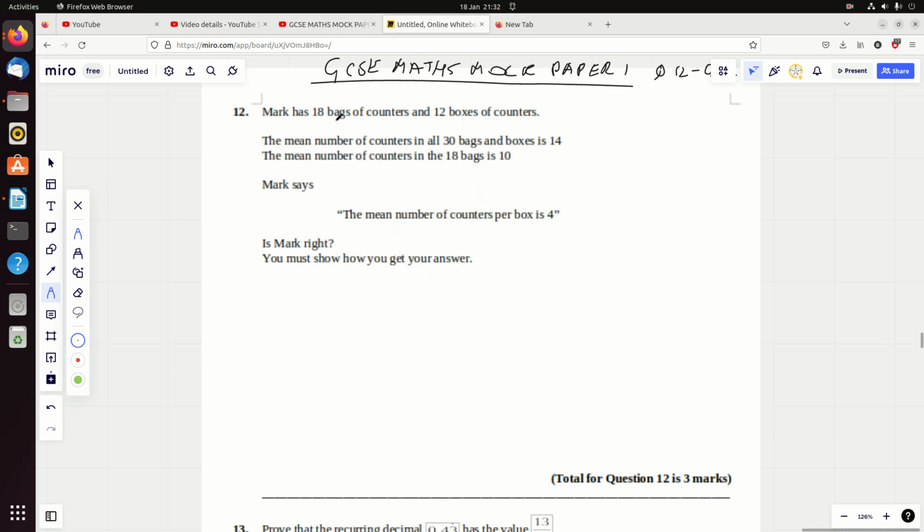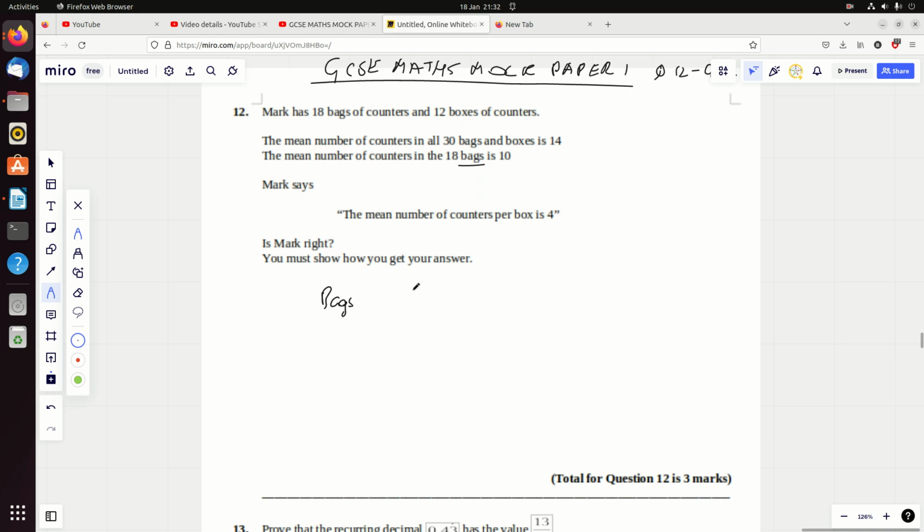Okay, we've actually got enough information to find the exact mean number of counters per box here, because he's got 18 bags of counters. In the 30 bags and boxes, there's 14 on average, but just on the bags, the mean is 10. So if we just look at bags first, what do we know?